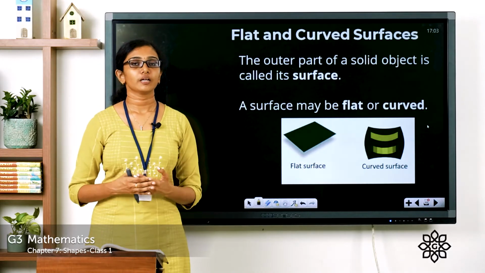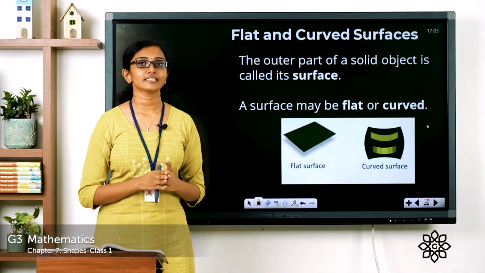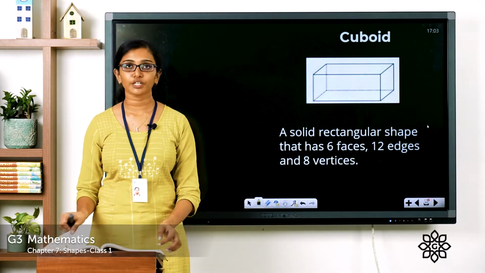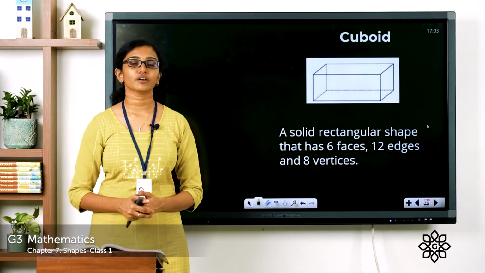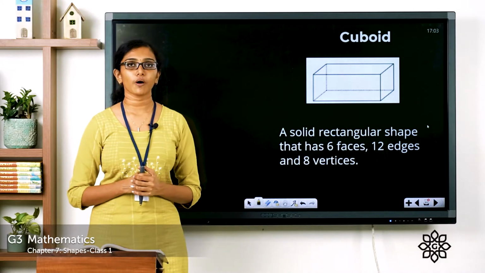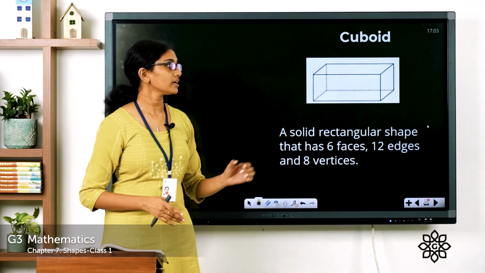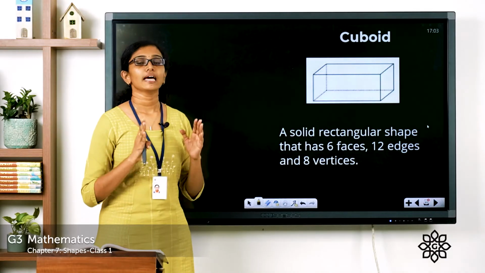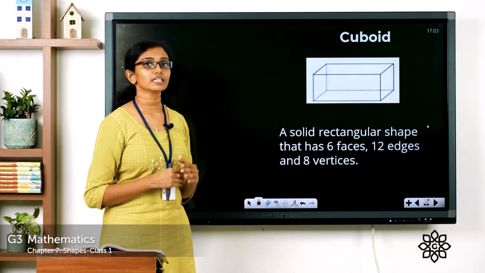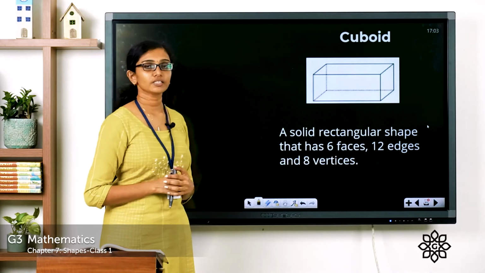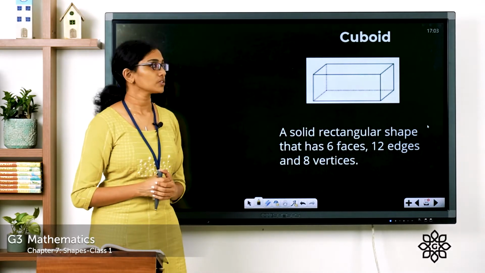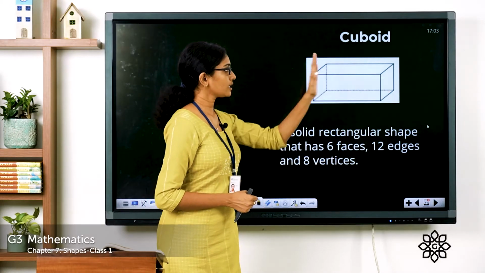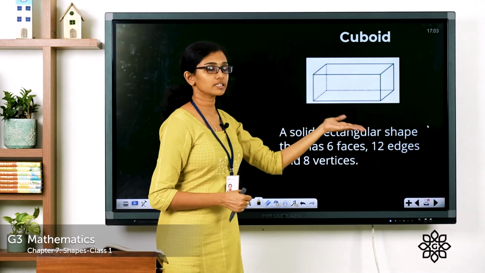Now let's learn about a few 3D shapes in detail. The first one, cuboid. Now all of you please turn to page number 96 in your textbook, and you see this heading cuboid. So what is a cuboid? This is the shape of a cuboid, and it is a solid rectangular shape that has 6 faces, 12 edges and 8 vertices. You see the 6 faces, 1, 2, 3, 4, 5, 6.